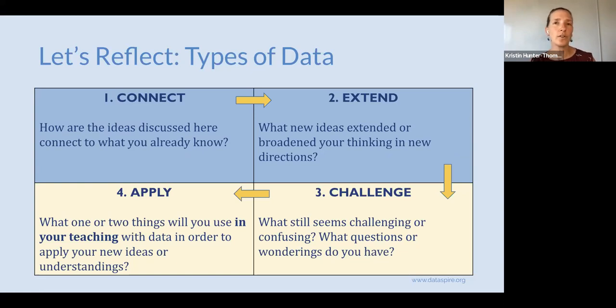What questions or wonderings do you have? And then 4, what 1 or 2 things will or could you use in your teaching going forward with data to apply these new ideas or understandings? So pause the recording, think about your connect, extend, challenge, and apply.